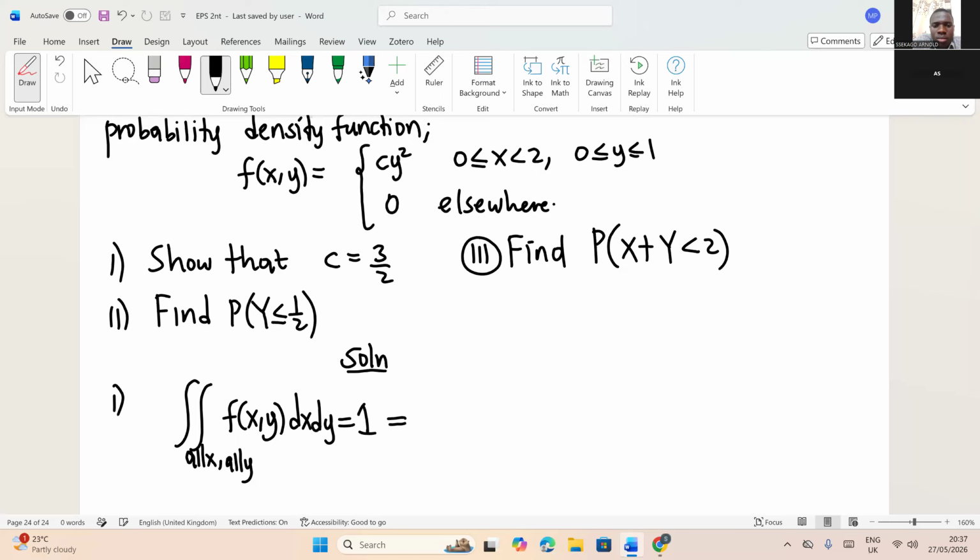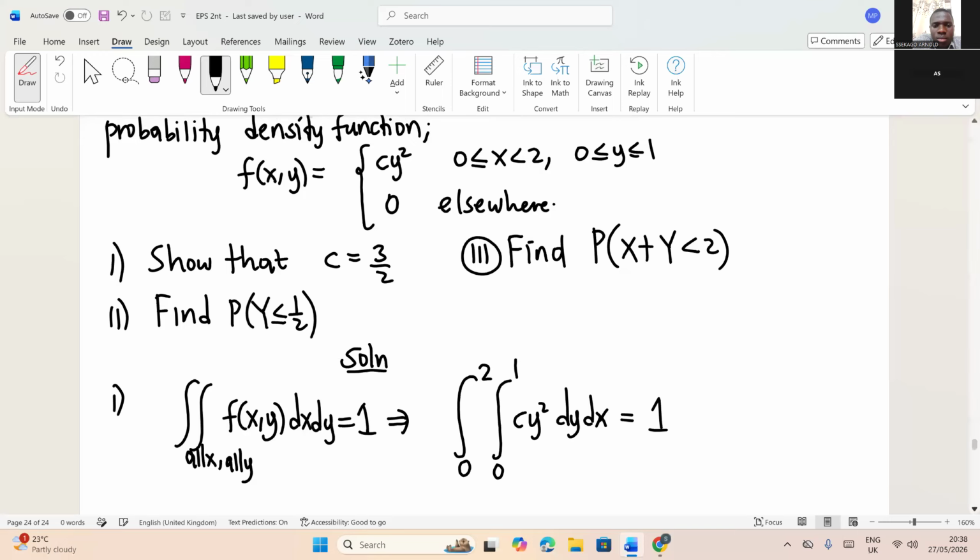We have x ranging from 0 to 2, and y ranging from 0 to 1. The function is c y squared, with limits 0 to 1 for y first, dy followed by dx. This should equate to 1.